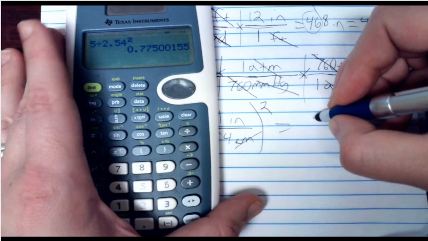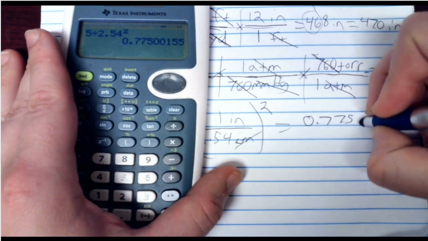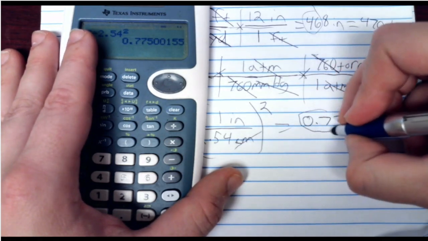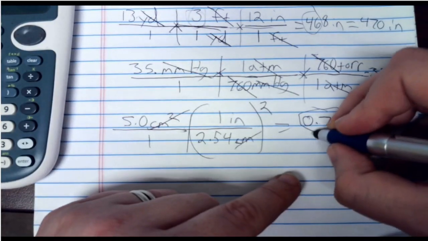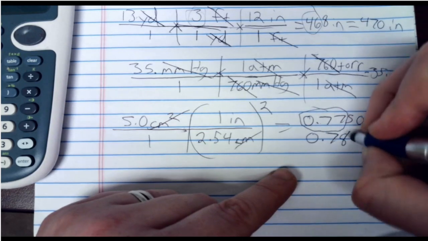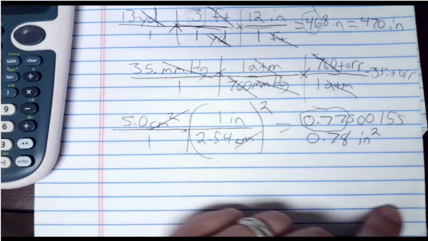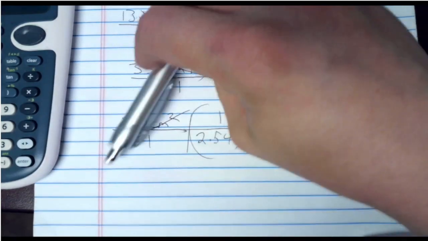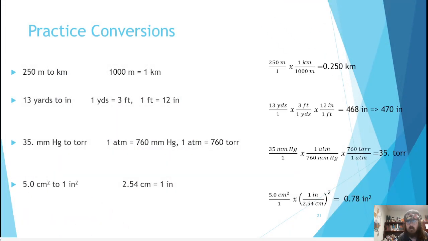And we get a big number, but we must round this to 2 significant digits. So we will round it to this place because we have 50. So it goes 0.78 inches squared. Only because we do not know this number any more accurately. So that is where we have to round it. It may not be where we want to round it, but that has to be where we round it.